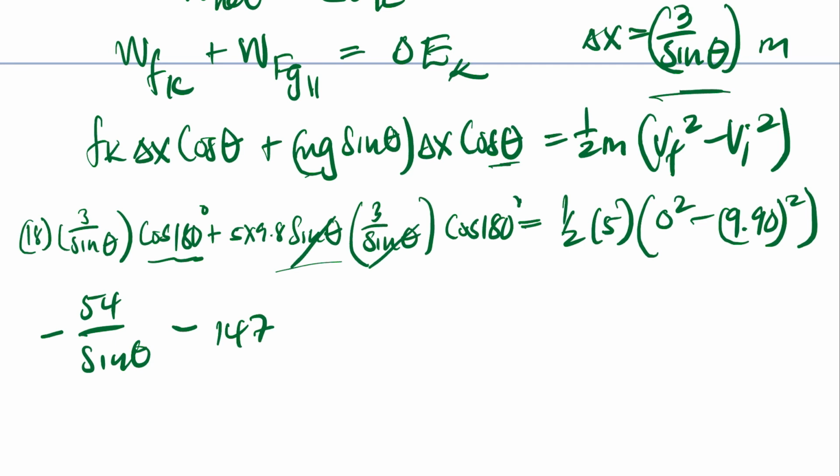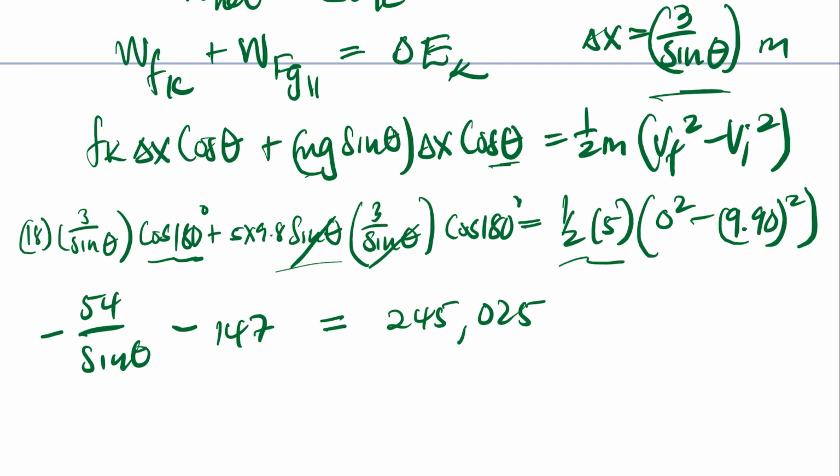So that's all on this side. I hope you get that, guys. So this is going to be 0.5, which is half, times 5 times 9.9 square. It's going to be 245.025, right? That's the math there.